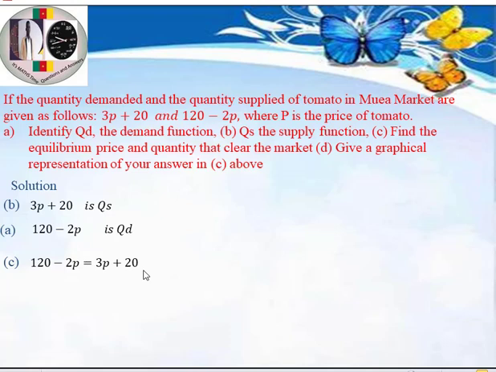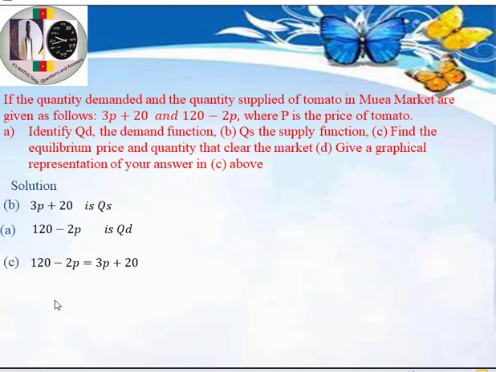So what do we do? We simply bring like terms together. We'll take minus 2p to the other side of the equation to meet 3p, and as it goes to the other side, its sign changes from negative to positive. We'll also take 20 to come and meet 120 on the other side. As it crosses the equal sign, its sign changes from positive to negative.